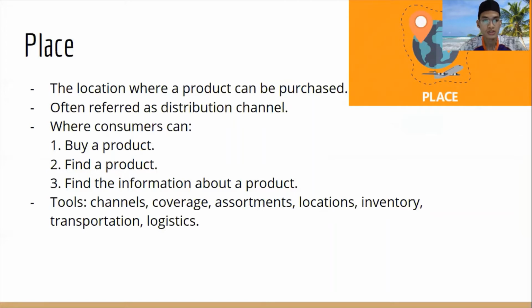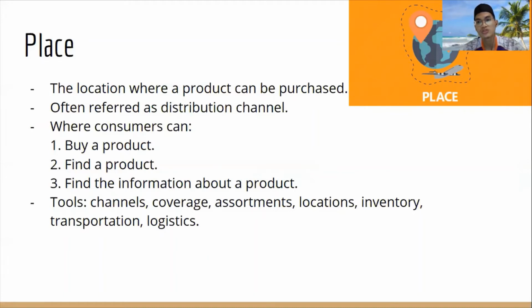So the definition of place is the location where a product can be purchased by customer. Place is also referred to as distribution channel, where consumers can buy a product, find a product, and find the information about the product.